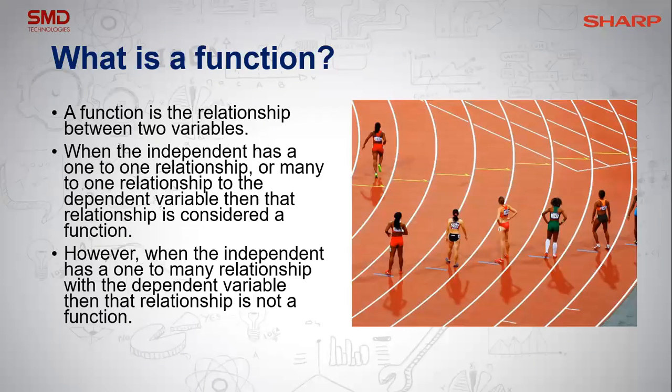When the independent variable has a one-to-one relationship, like a straight line, a hyperbola, an exponential graph, or a many-to-one, so in other words, many x's for one y, like a parabola, then you have a relationship that is considered a function. However, when your independent has a one-to-many relationship, then your relationship is not a function.